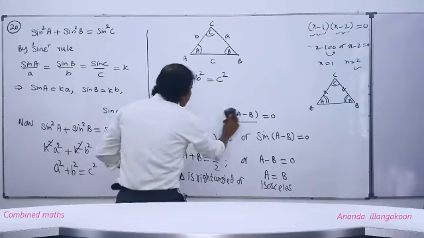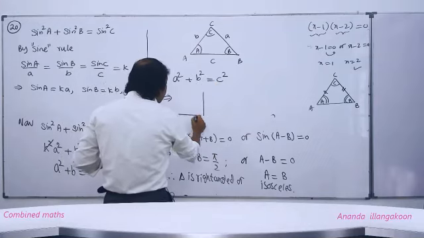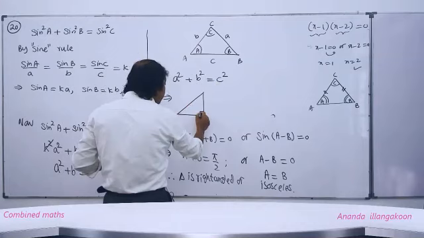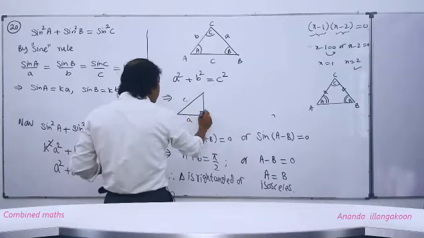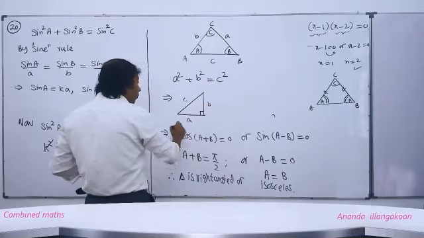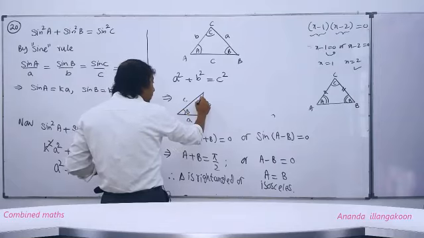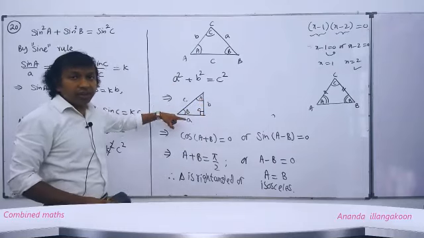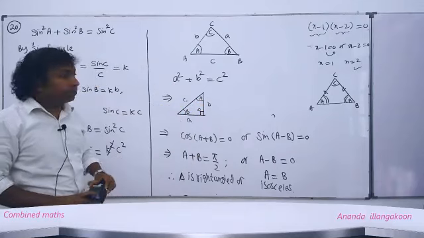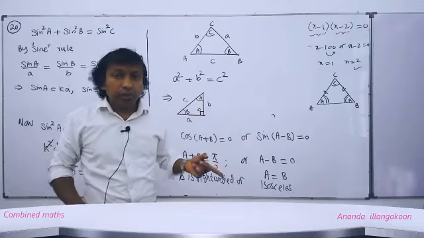So this says the triangle is right angled, with 90 degrees at C, since the square of side c is equal to the sum of the squares of the other two. So the angle C is the right angle, by the Pythagorean theorem.